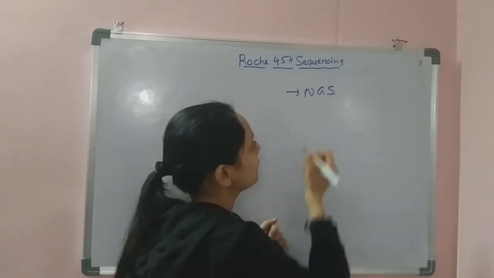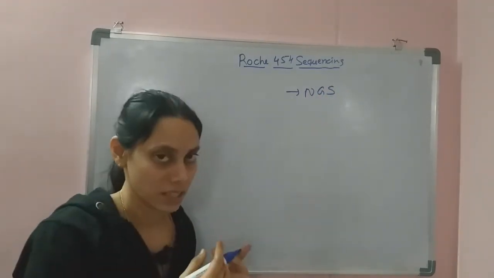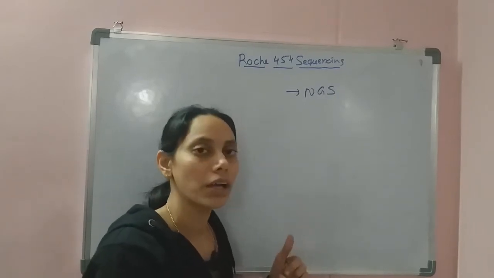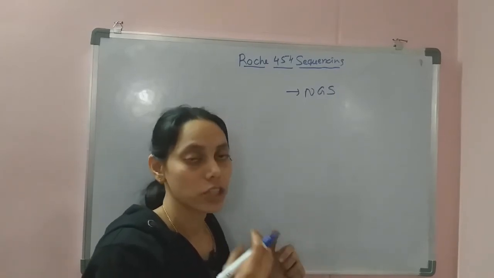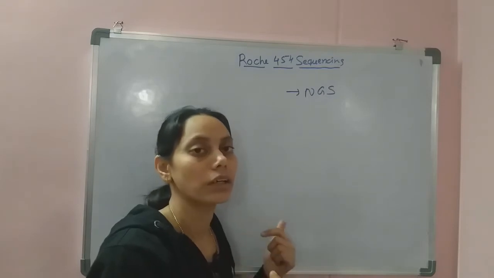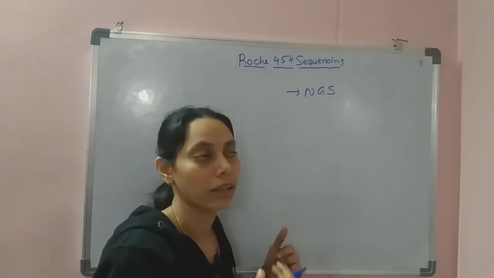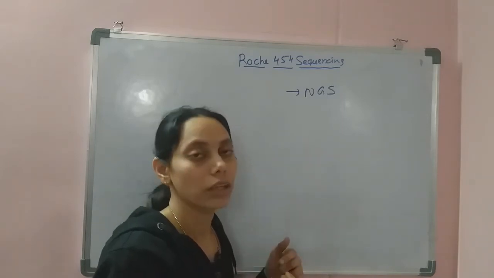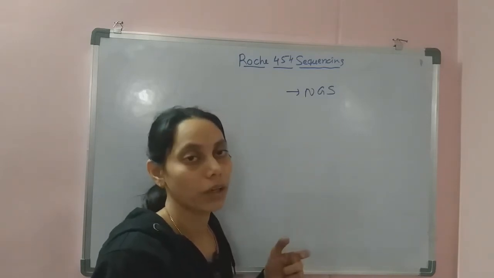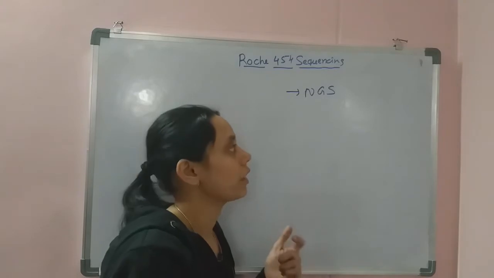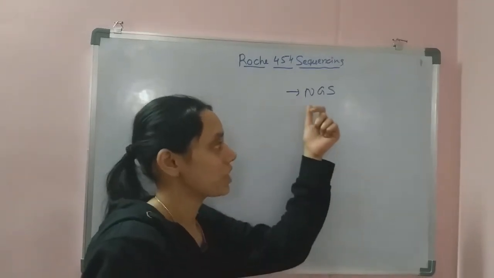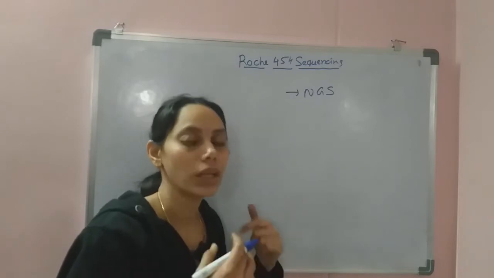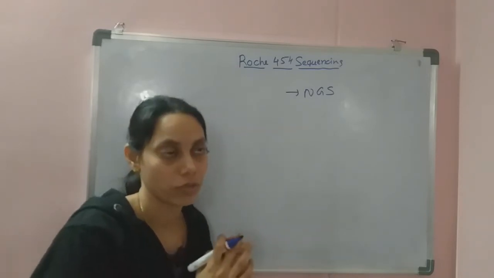These next generation DNA sequencing techniques are basically high throughput methods which can sequence very large DNAs like genomic DNA or maybe DNA from the chromosomes of higher organisms. So with the help of next generation DNA sequencing, we can sequence very large DNA in a single stretch.